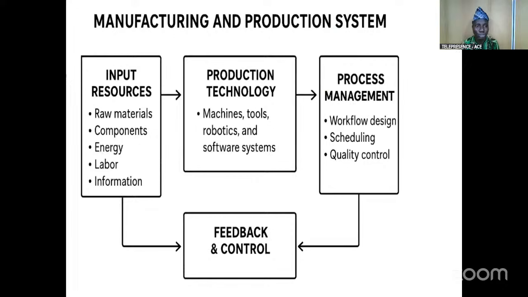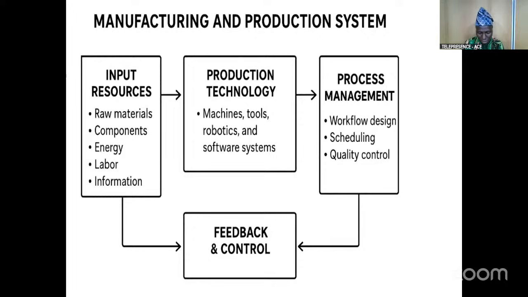In the production system, manufacturing, you will need input resources like raw materials, tools like machines, the schedule, the feedback. This is the manufacturing and production system. There are different kinds of manufacturing, there are different kinds of products.